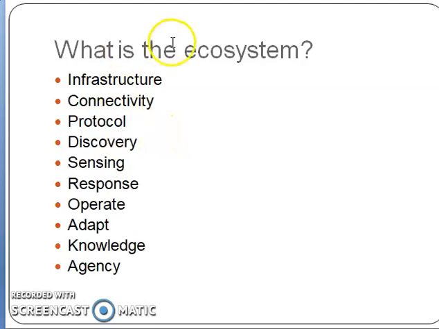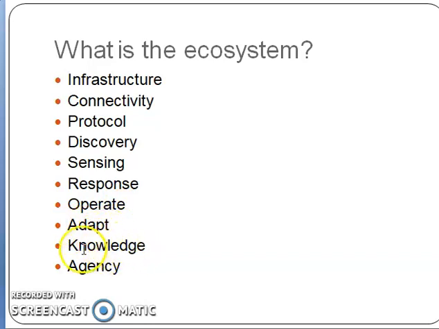Now the ecosystem. For creating a digital twin ecosystem, infrastructure is required, and we require connectivity, we require the protocols for interaction, we require discovery of the twin and discovery of the other devices, then sensing is required for collection of data, then how the responses are going to be communicated, then how the machines are going to operate, who is going to start, and so on, then how to adapt to the changes that had been suggested by the twin.